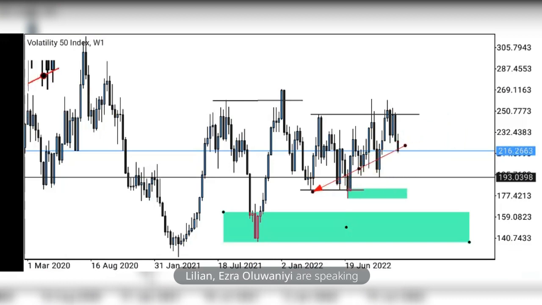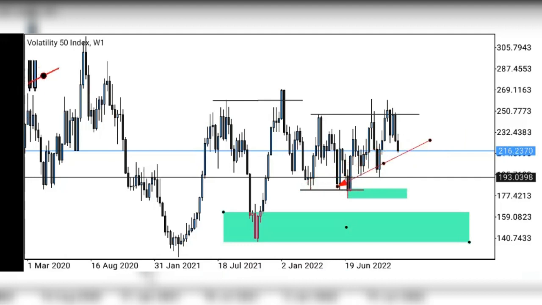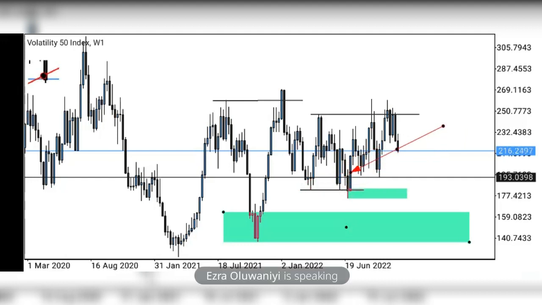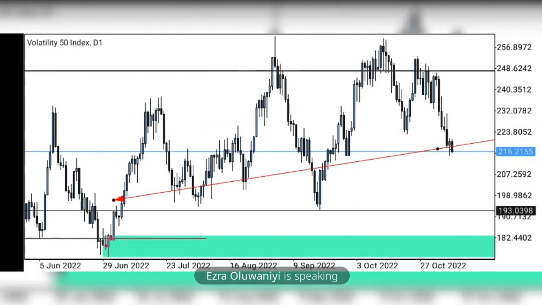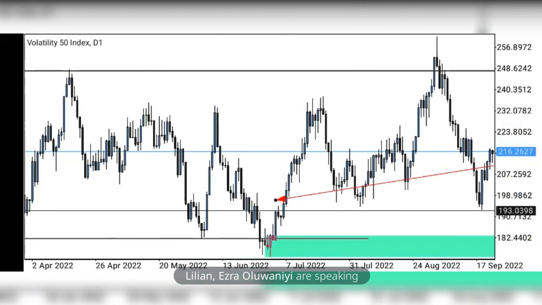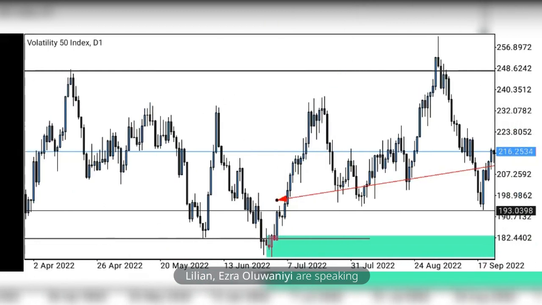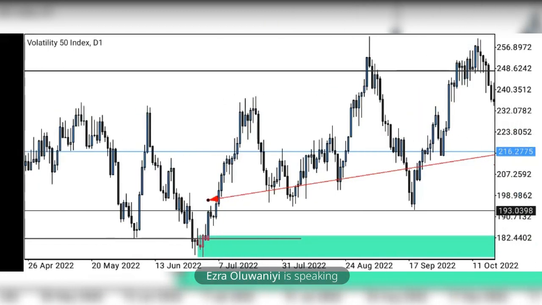The equal low has been cleared, so it's irrelevant. You will not be looking at it again. You are looking at the one that cleared the equal low. So this one has passed. The next candle that cleared it is what you are looking at. If you go to daily, you see clearly that's where the market will react from. Yeah, that's what I'm picking.